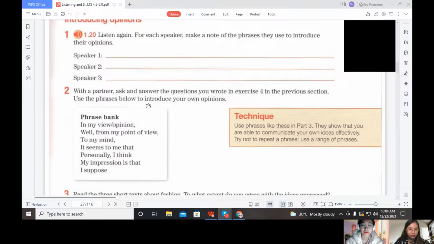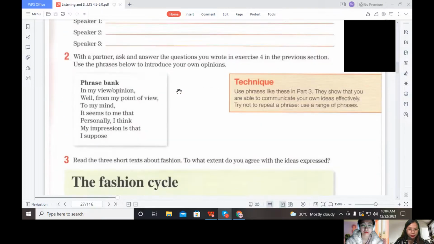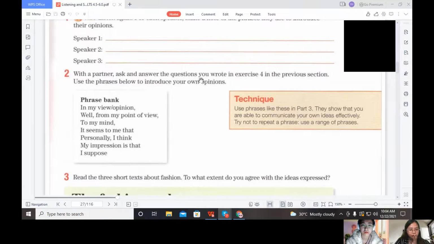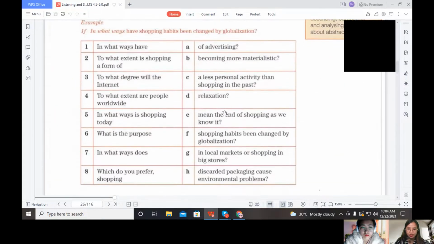Okay, so let's continue. We're already on this part. So now you're going to answer the questions again, the questions in exercise 4. Use the phrases below to introduce your own opinions. So you're going to use these phrases and answer these questions right here.